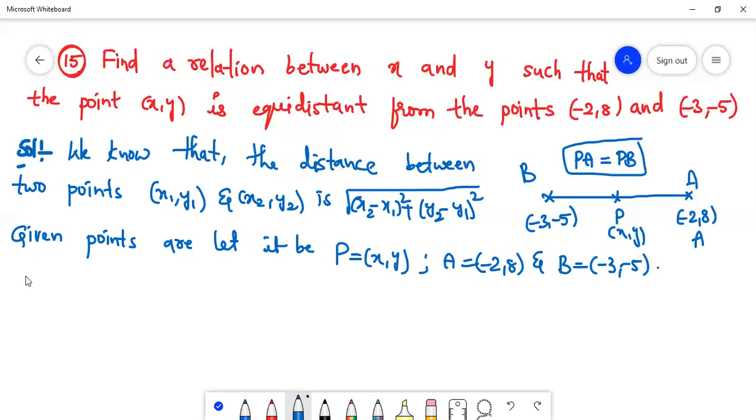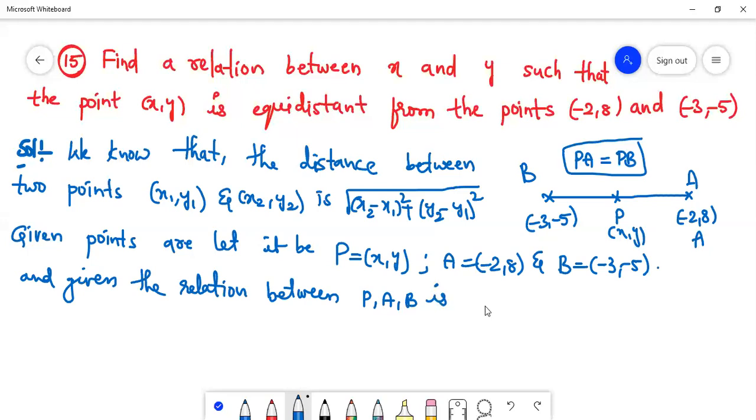Given the relation between P, A and B is equidistance from the point P to A and B. That is nothing but PA is equal to PB. And we are applying the distance between the 2 points P and A and the distance between the 2 points P and B, and we can equate both distances.